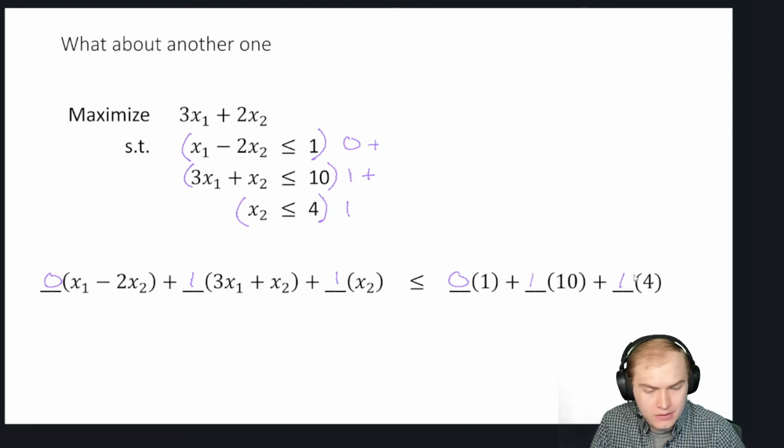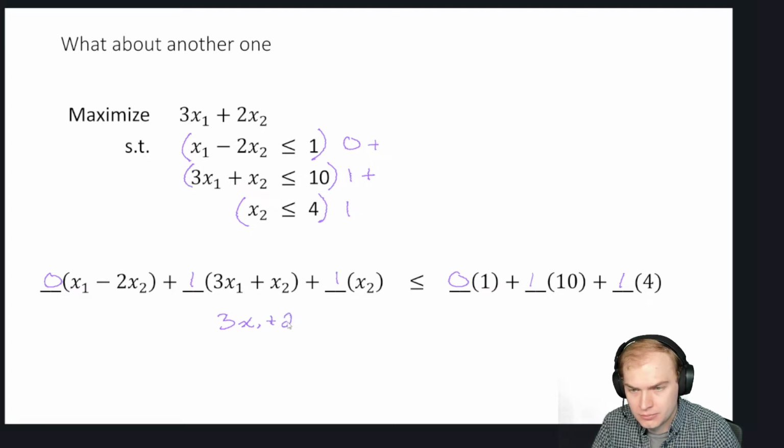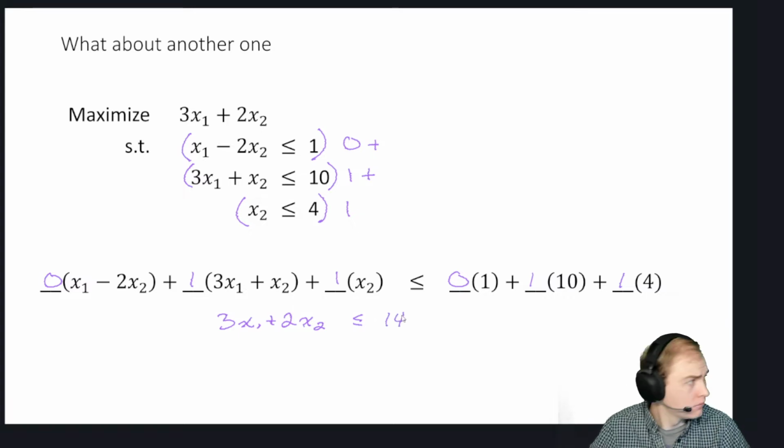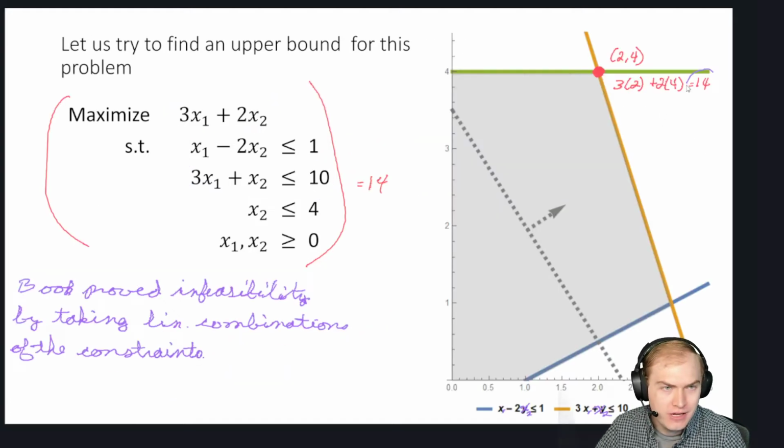And then this reduces to 3x1 plus 2x2 is less than or equal to 10 plus 4 is 14. Which you'll remember, if we come back here, 14 is our optimal objective function value that we found for our LP.